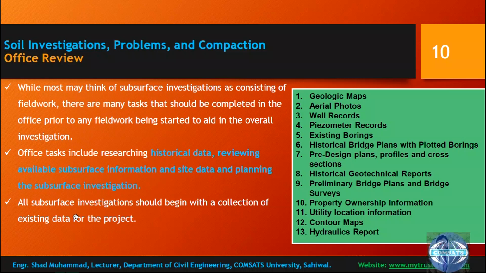And all subsurface investigations should begin with a collection of existing data for the project. So all the existing data should be collected as far as possible.